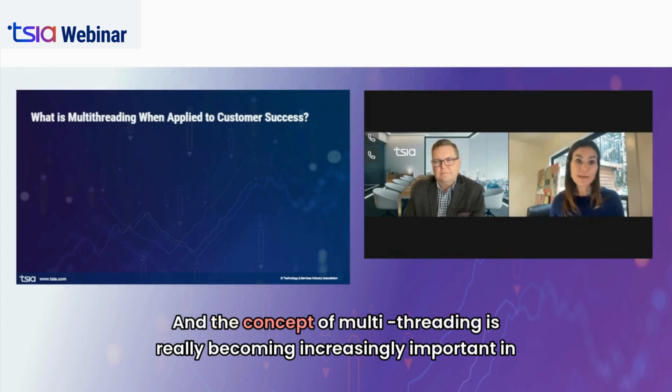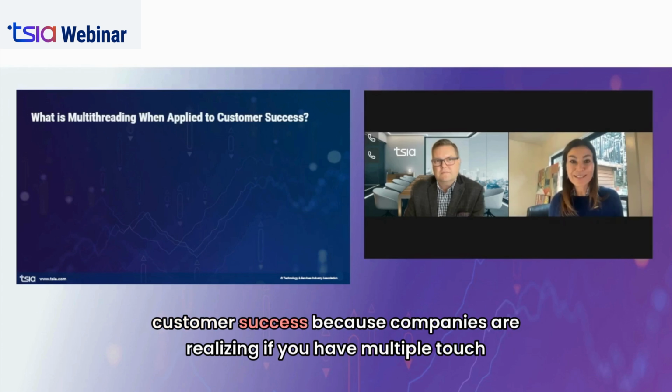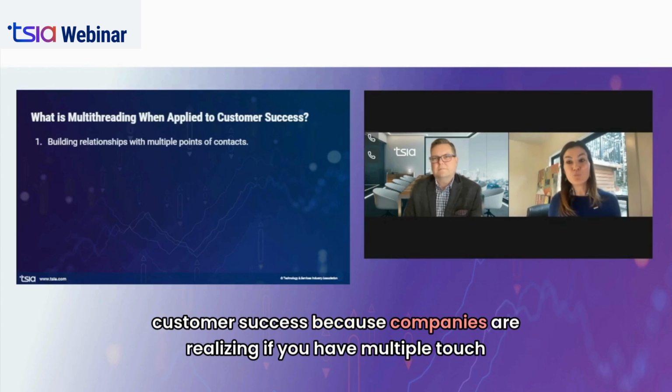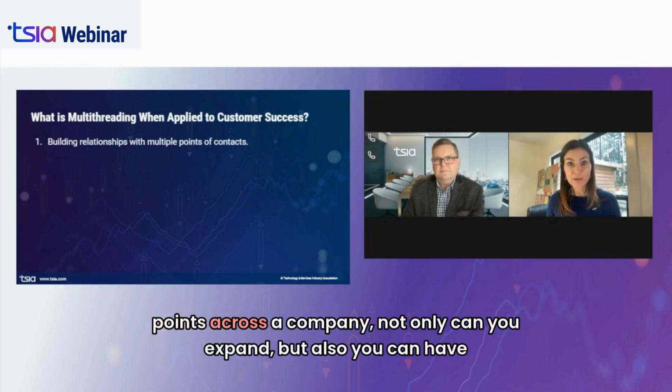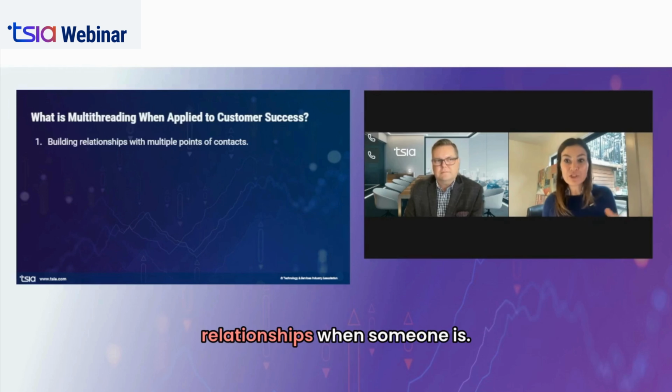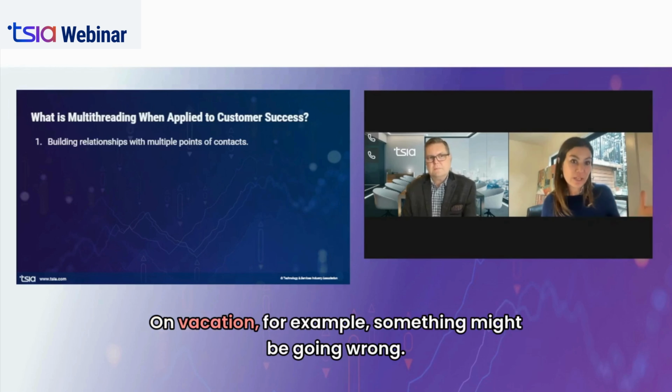The concept of multi-threading is becoming increasingly important in customer success because companies are realizing if you have multiple touch points across a company, not only can you expand, but also you can have relationships when someone is on vacation, for example, or something might be going wrong.